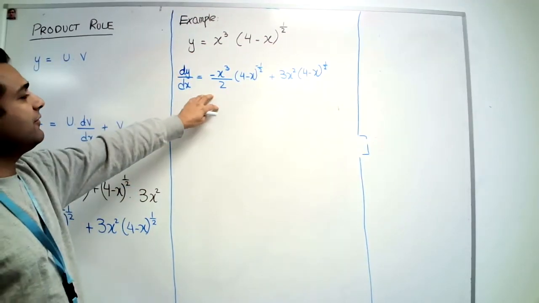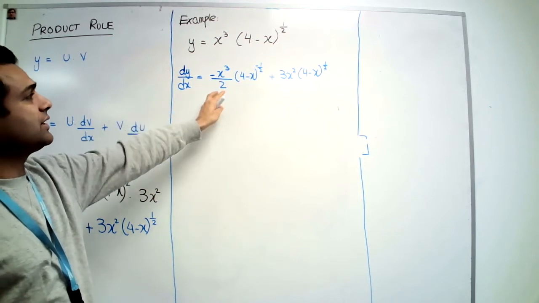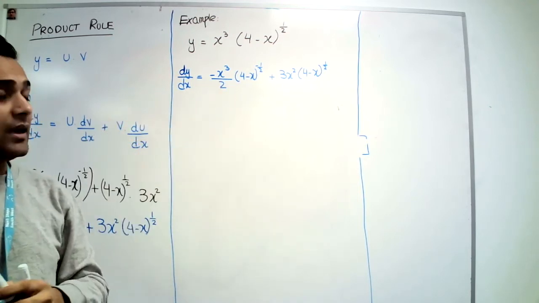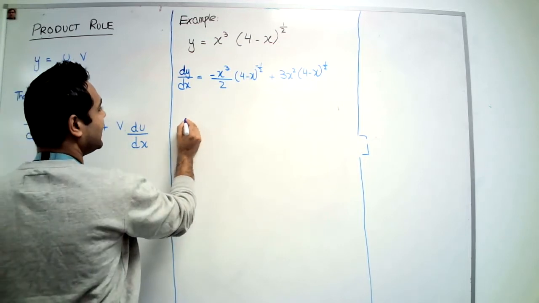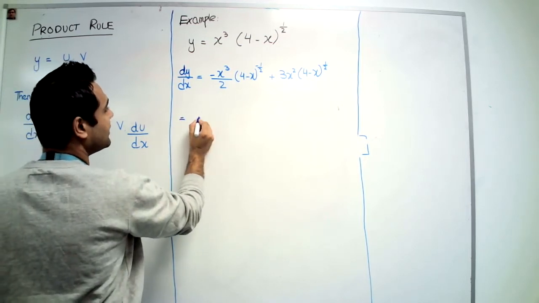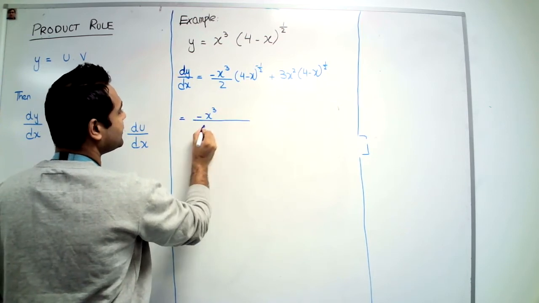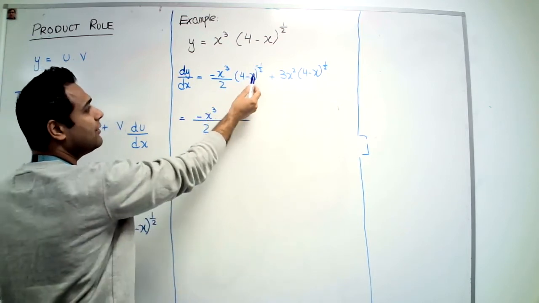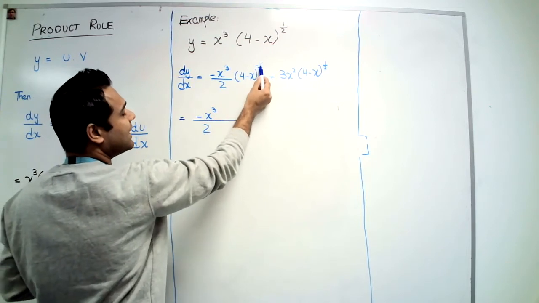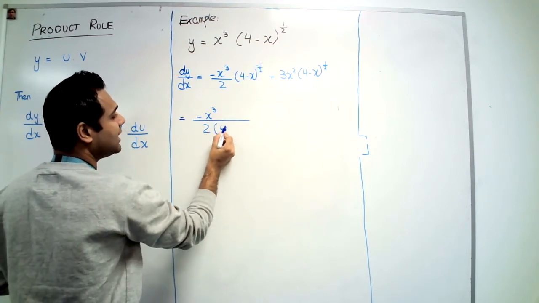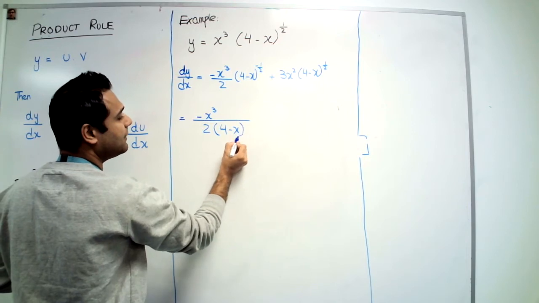Now, if you want to simplify the answer, like this is in two different terms, you want to write the answer in one single term. To do that, this is what you need to do. This is minus x cubed over 2. This power is negative, so negative half. You can bring it down and make it positive.